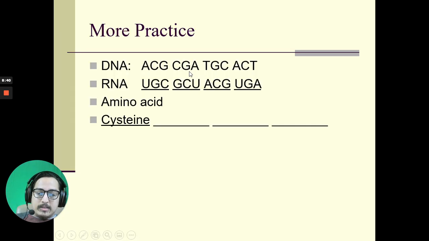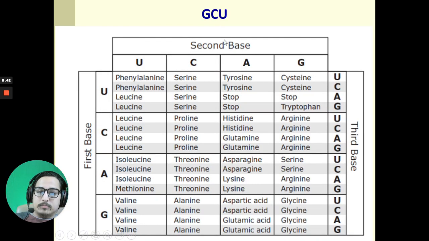So the next one is GCU. First letter is G, first base, G. That means that the answer is going to be in this row, going across, flat. Now, second letter is C. So then you look here. There are these 4 letters, and we're looking for the C. C is the second one, so you're going to go down.